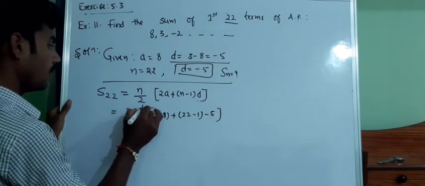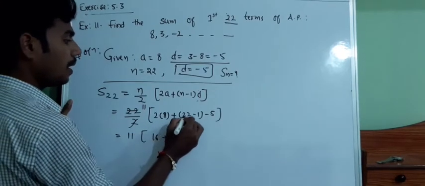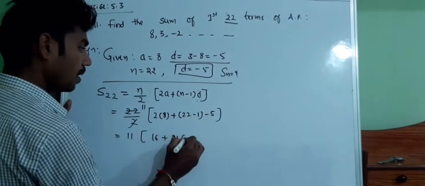So 2 ones are 2, 11s are 11, into 2 eights are 16, plus 21 into minus 5.